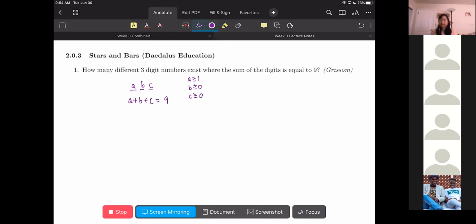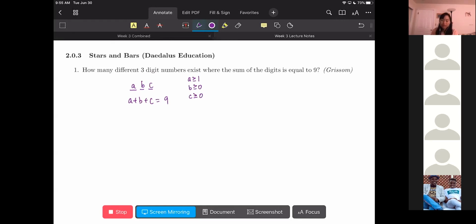Yes. Cool. So we know how to solve the problem if A could be 0, but here we need to figure out how to correct for the fact that if we just look at how many solutions there are to A plus B plus C equals 9, we're going to count a bunch of solutions where A is 0.